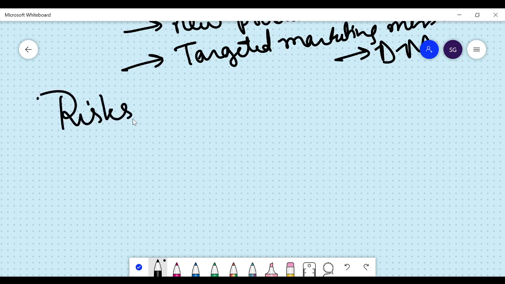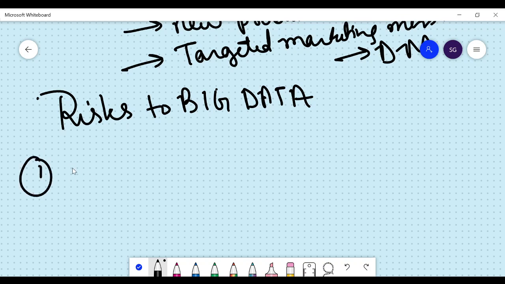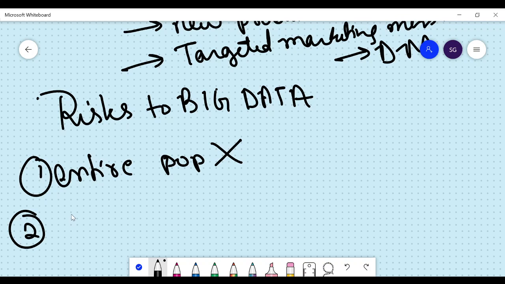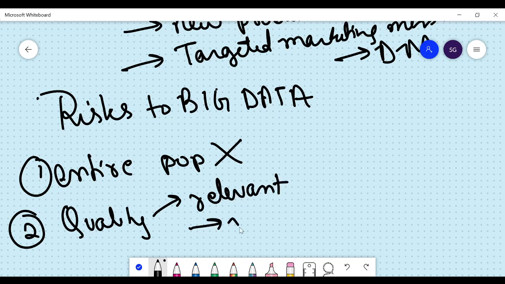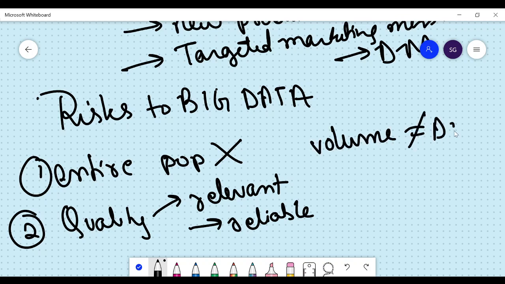Risks to big data, or challenges to big data. The data that we are selecting may not be representative of the entire population. The quality of the data must be relevant and reliable, which is hard to find. More volume does not always mean that decision making will be good.